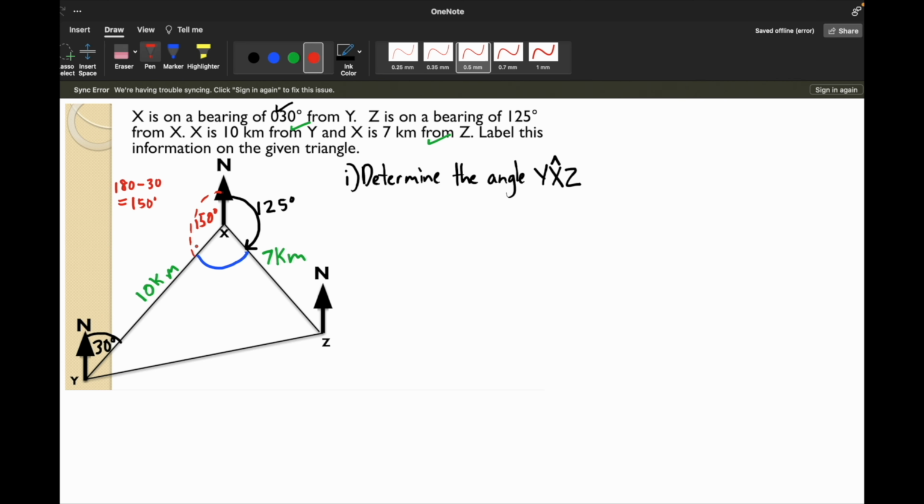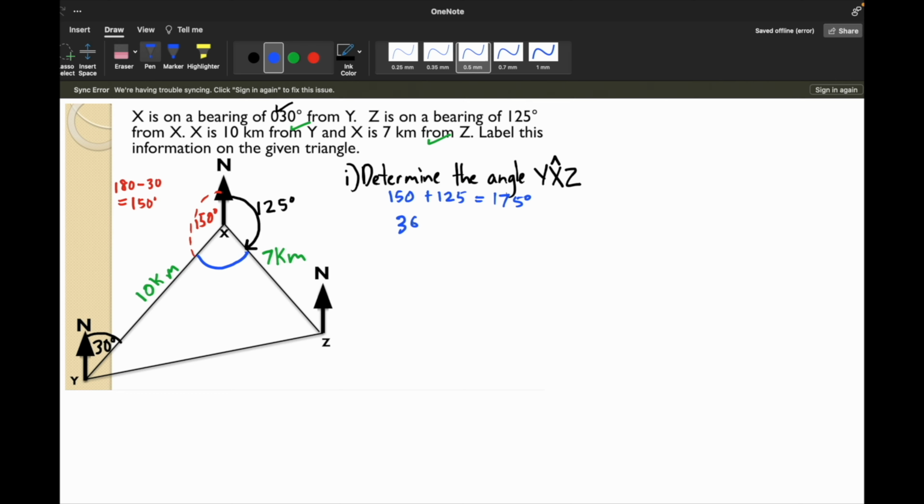This puts me in a better position because now I know here is 150, here is 125. So then all three of these should add up to what? 360. So I could say 150 plus 125 gives me 275 degrees.